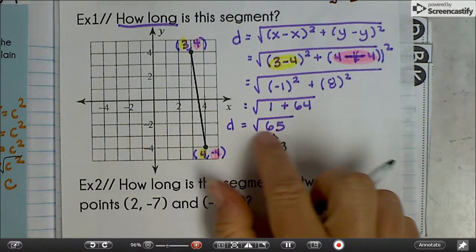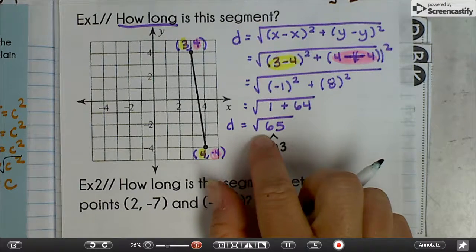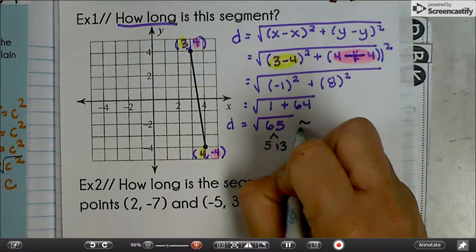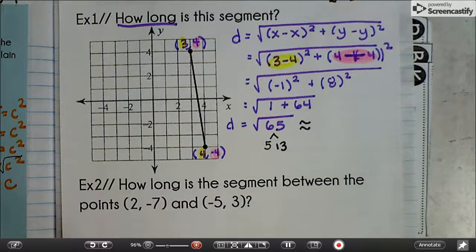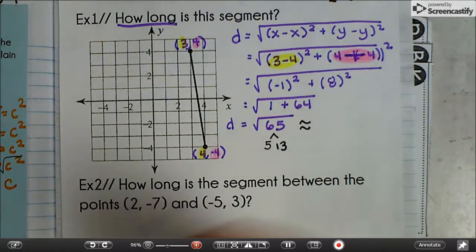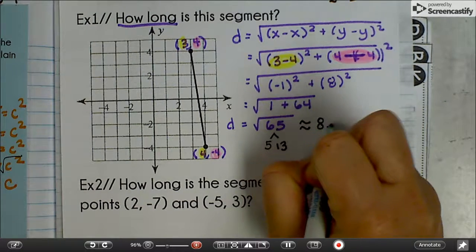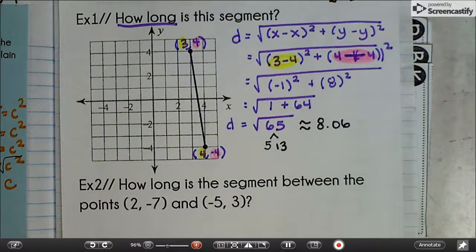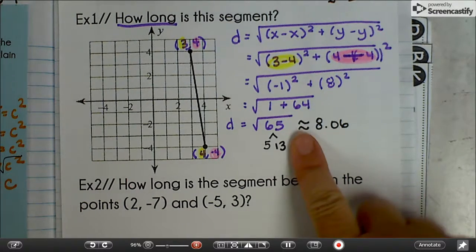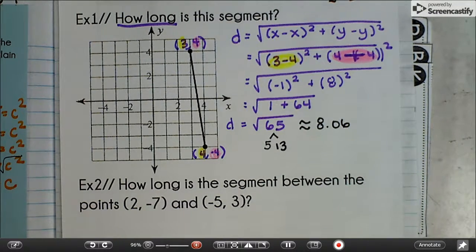So this actually is the simplified radical. And then you can also express it as a decimal by putting in the calculator the square root of 65 and writing the rounded version. Those squiggly equal signs mean approximately 8.06. Because we rounded, it's not exact. And that is how you find the distance.